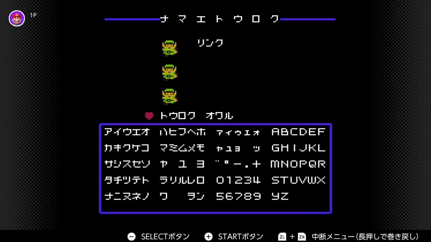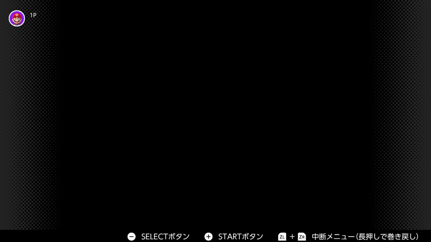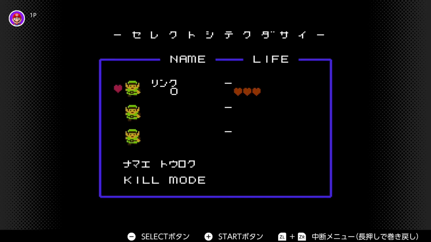And so finish, the registration finishes. And so we select that. We have finished the registration. We have our save file called Rinku. And so we can start it.